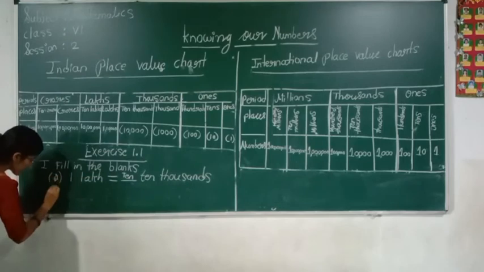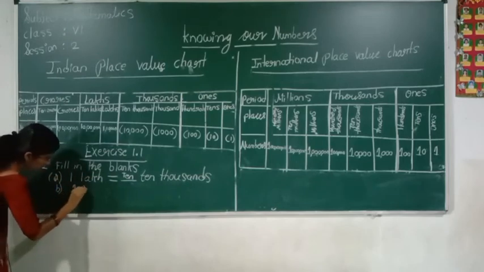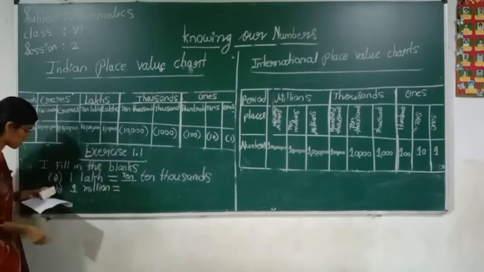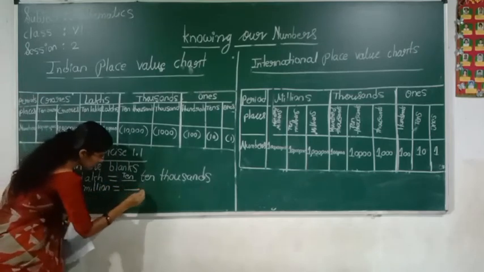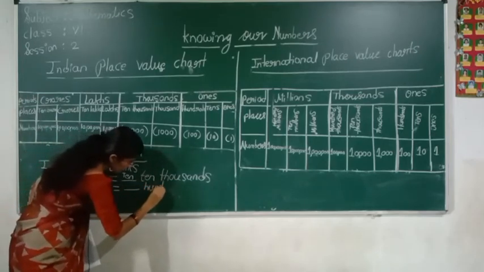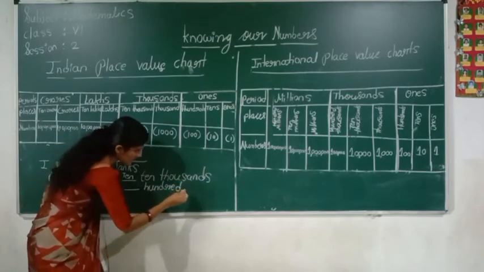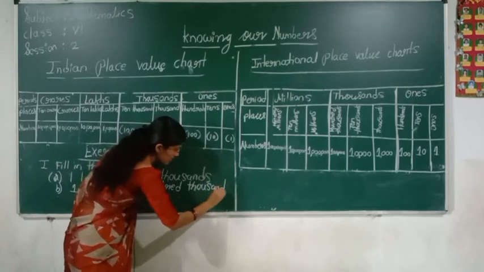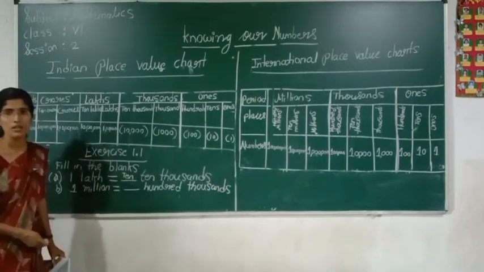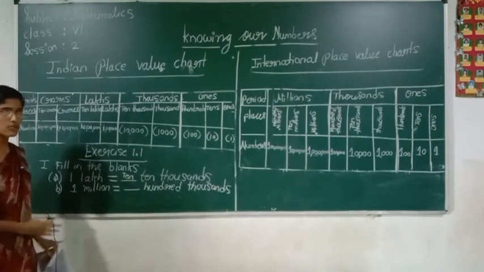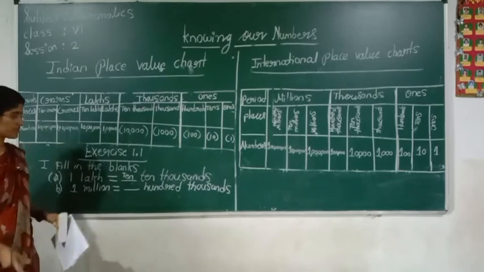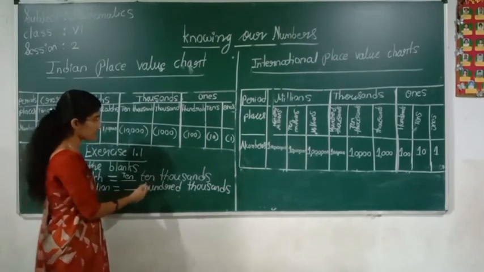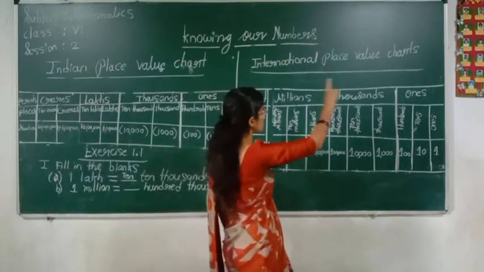See here, B1 they have given: 1 million is equal to dash 100,000. So see the place value there. See here 1 million. 1 million means dash 100,000. Where is it in the international place value chart?